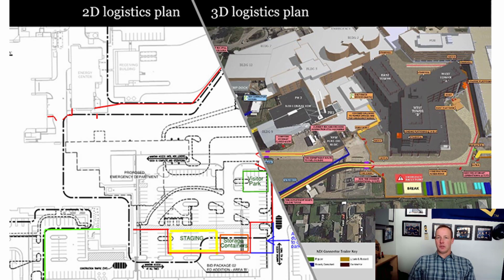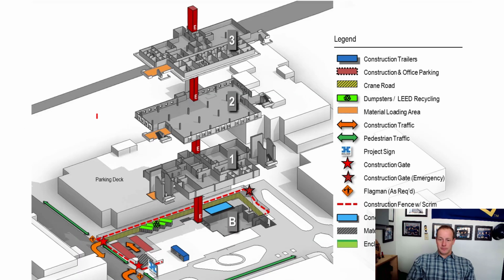What he was able to show the owner with that 3D plan is they not only needed more space, but they needed to close down an entire road to make that job happen because of the limited site. And so 3D job site logistics plans can be very valuable.